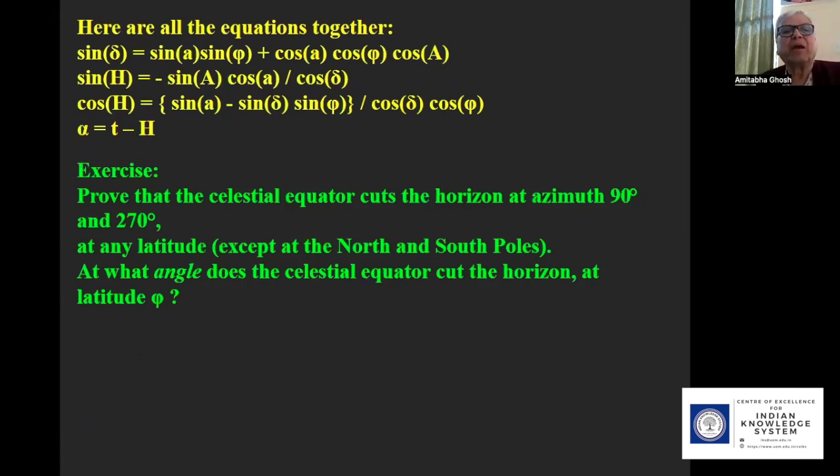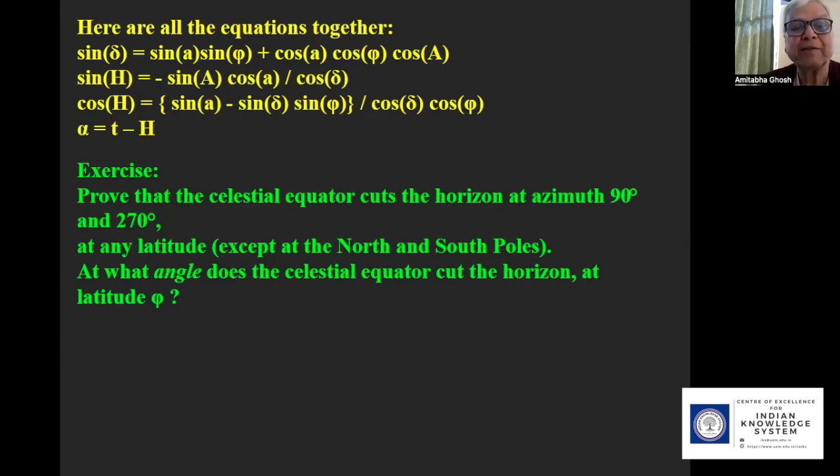So here are problems to practice. I have given a problem. Prove that the celestial equator cuts the horizon at azimuth 90 degrees and 270 degrees at any latitude except the north and south poles.